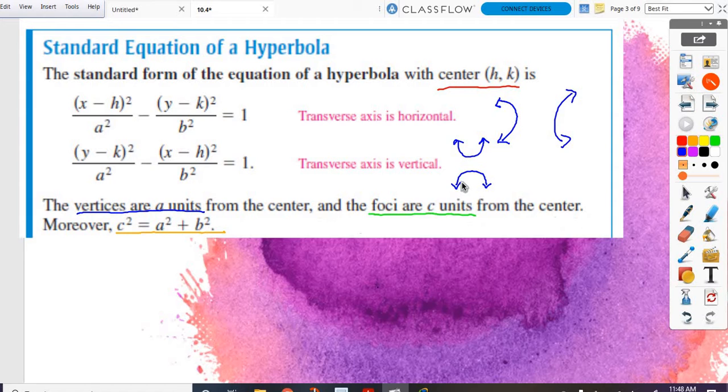So for our horizontal hyperbola, left and right, which one of our variables is positive? The transverse axis is horizontal, right?